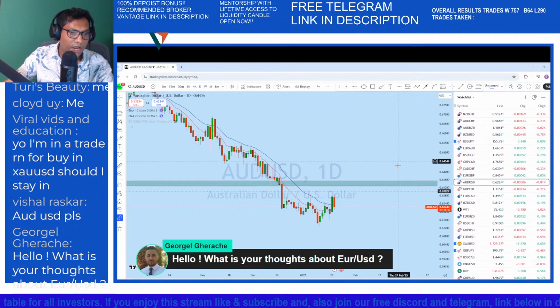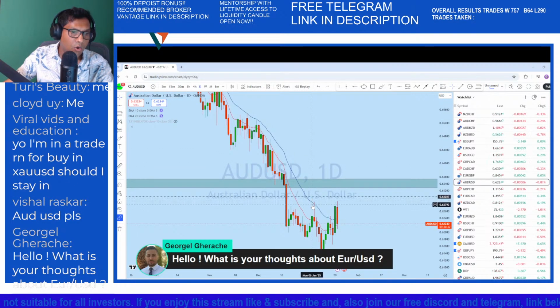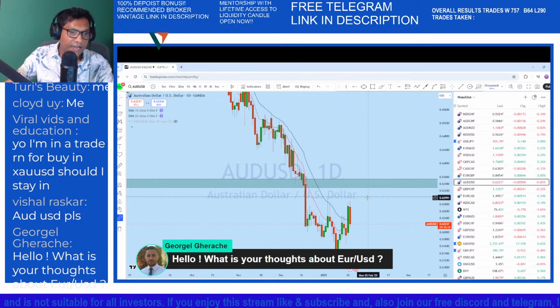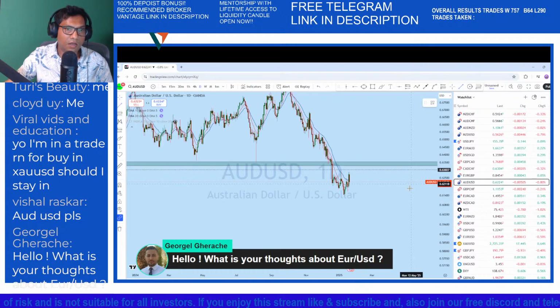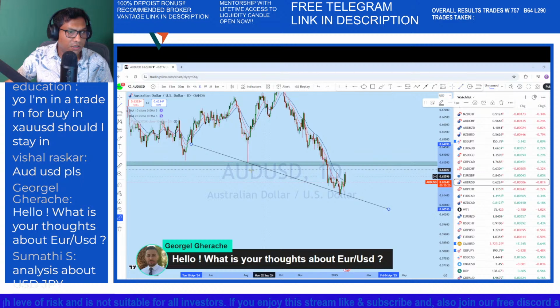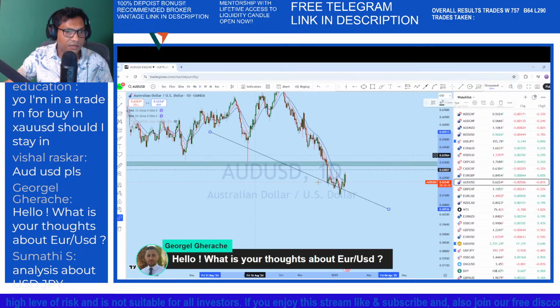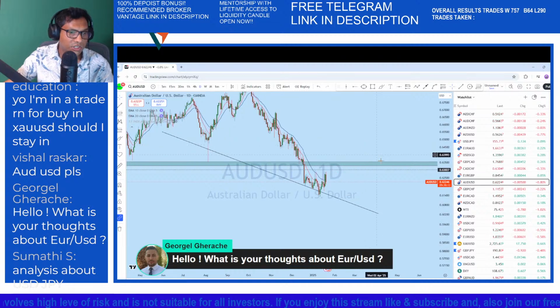Daily chart: from the daily perspective, there was a long wick rejection to the support level, a bounce back up, and you can see the market basically maintaining a downtrending structure here, a significant channel on AUD/USD.